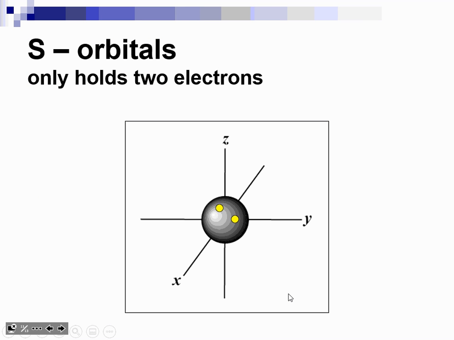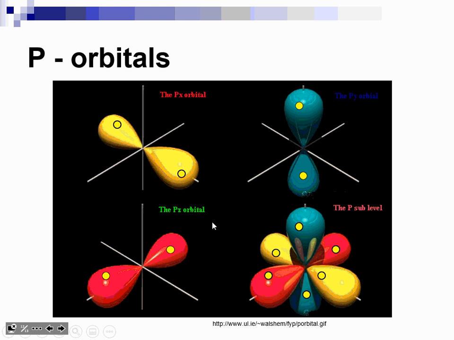So, if we look at this right here, here is an s orbital. The 2 little yellow dots there are representing the 2 electrons that are on that s orbital. This diagram shows the 3 different p orbitals individually, then together. This right here is a px orbital. So I see my 2 electrons on the px.